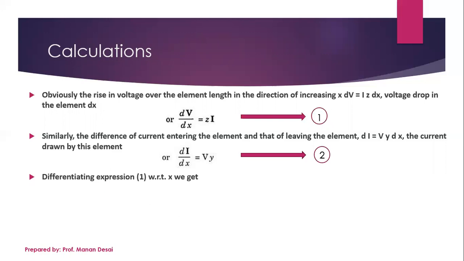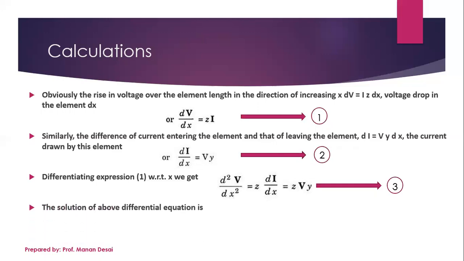Now differentiating expression 1 with reference to x, we get the double derivative d square V by dx square equal to Z into dI by dx, which is equal to Z into V into Y. So admittance and impedance are multiplied with voltage.